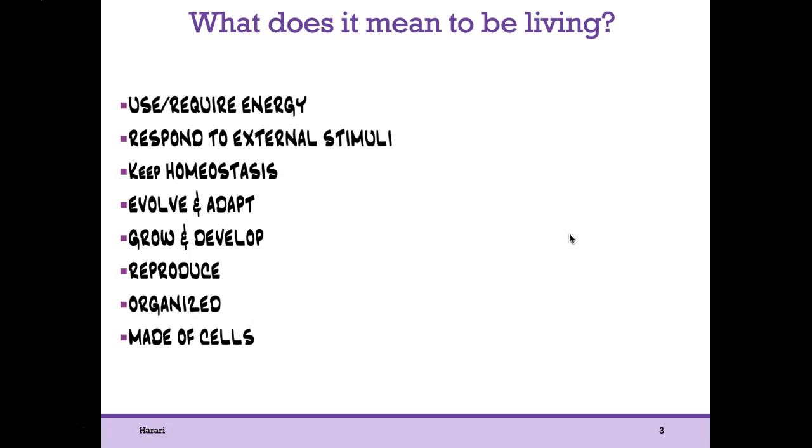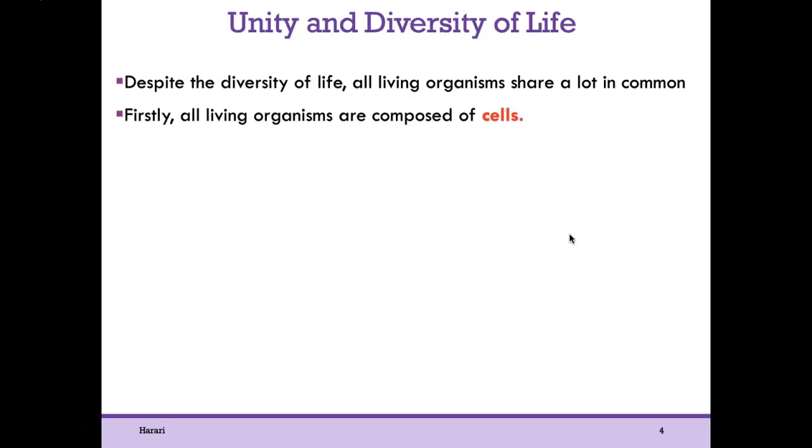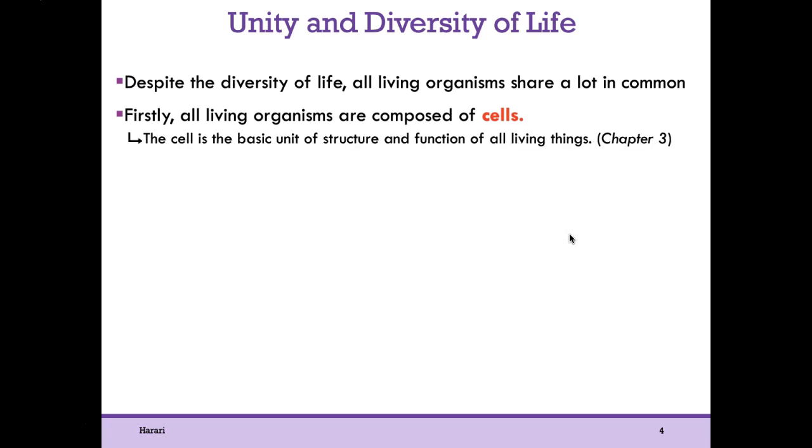What is life? So we said, firstly, all living things are composed of cells. And the cell is the basic unit of structure and function of all living things. And Chapter 3 will talk extensively about the cell and its different parts. Organisms can be either unicellular, meaning they're made of one cell only, or they can be multicellular.